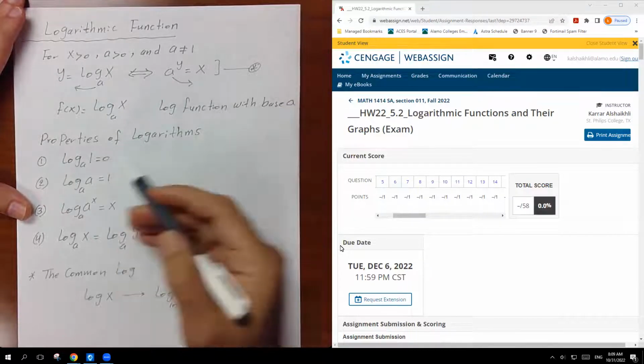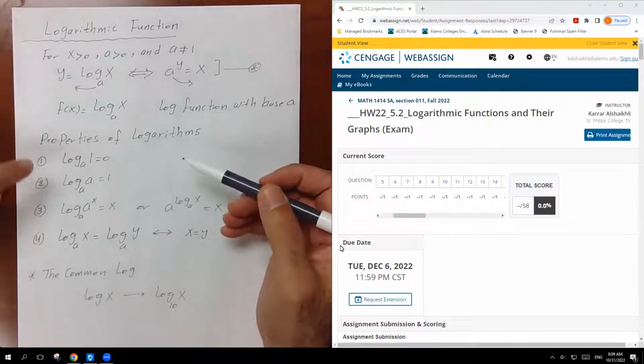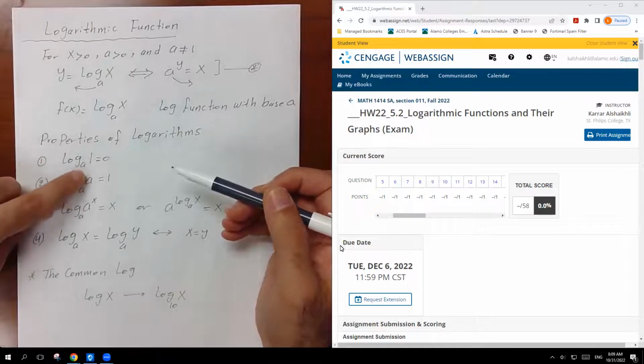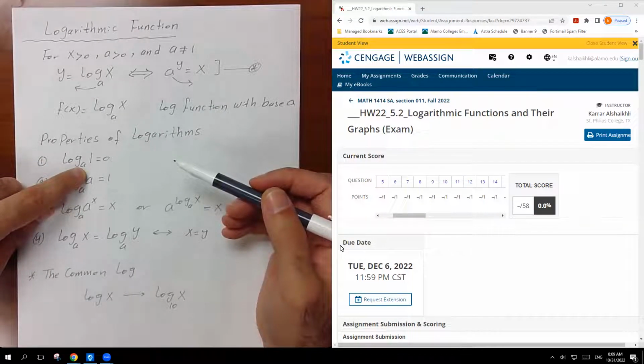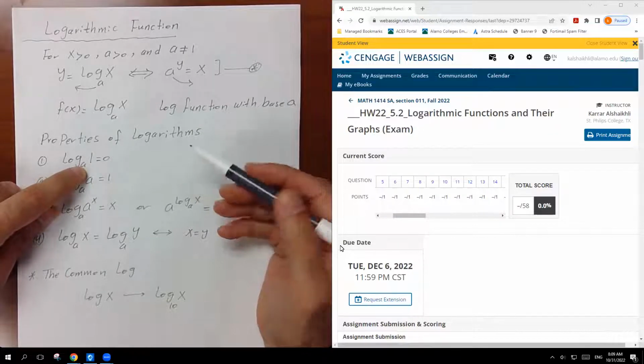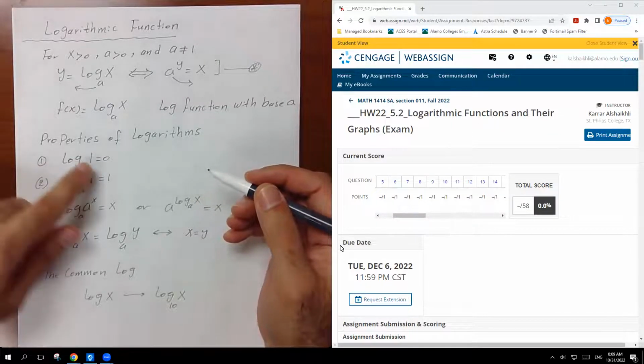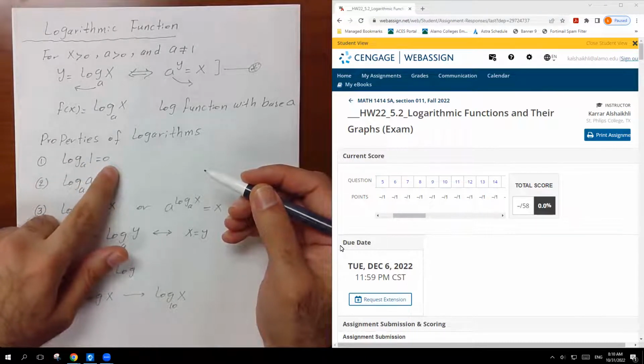Here are some properties of the logarithms. Log to any base of 1, whether 2, 5, 6, or 700 million, always equals 0.